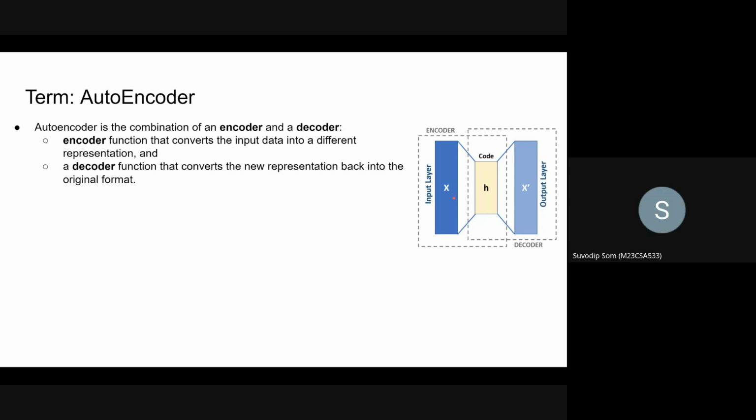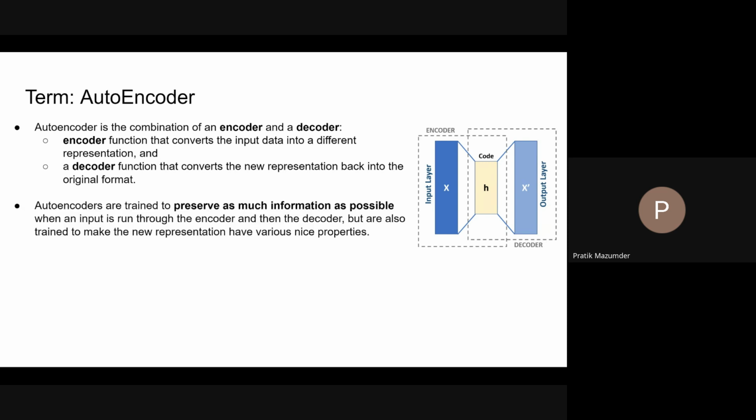This encoder mechanism is the same thing we'll be using in the greedy layer-wise pre-training, so I'm describing an autoencoder before that.